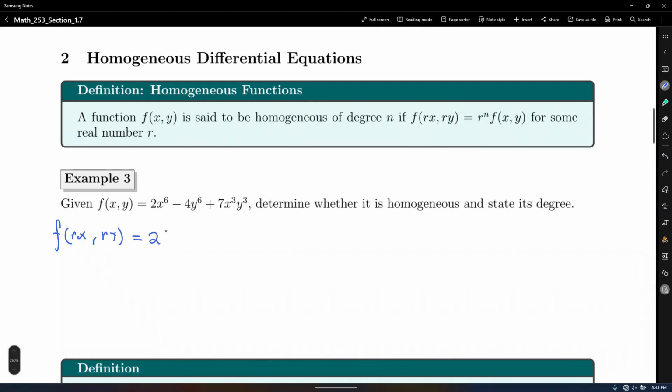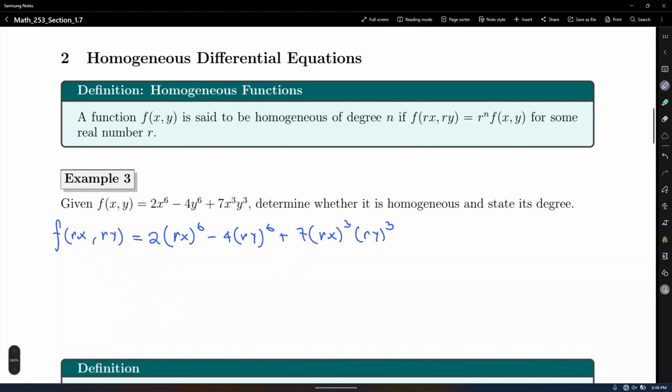That is 2 times rx to the 6th power minus 4 times ry to the 6th power plus 7 times rx to the 3rd, ry to the 3rd.